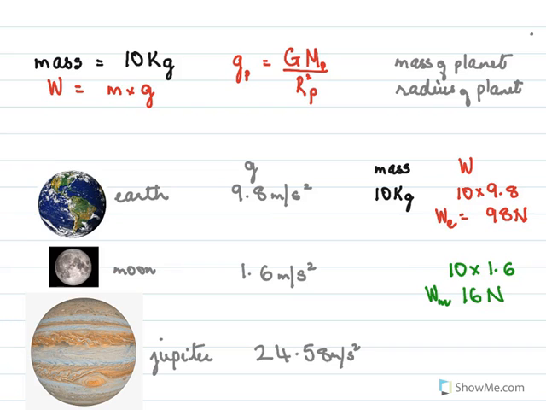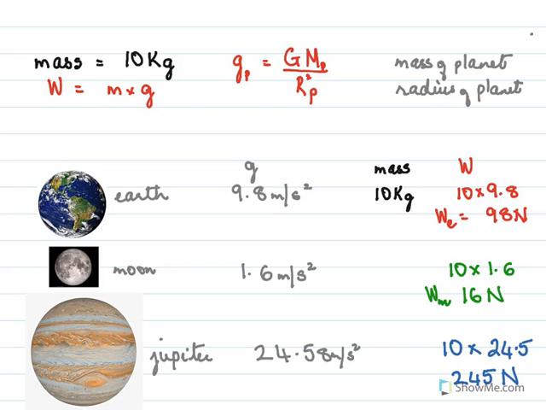And on Jupiter, weight is mass, which is 10, into acceleration due to gravity, 24.5. So its weight here will be 245 newtons. So if you have noticed, the weight on Jupiter is very large.